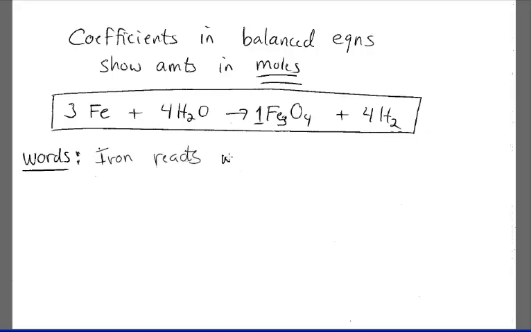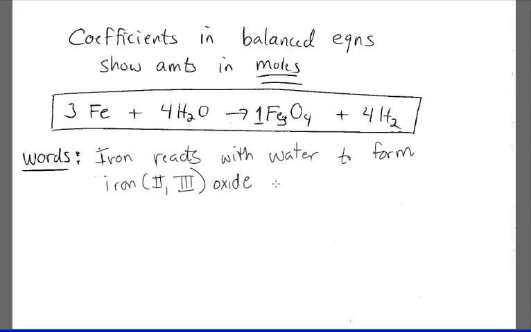Iron reacts with water to form iron 2,3. This is an unusual iron oxide, and it has 2 different states of iron in it. Anyway, it forms iron 2,3 oxide and hydrogen gas. So sometimes you will need to put a word reaction into a formula reaction.